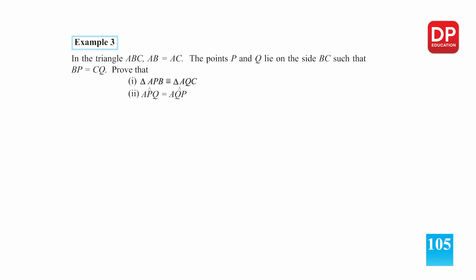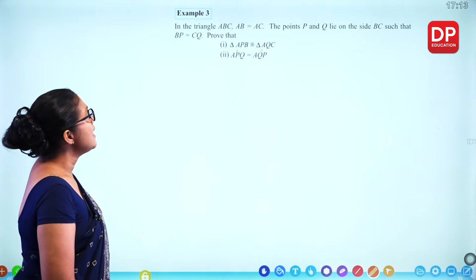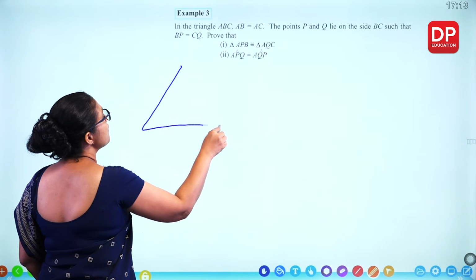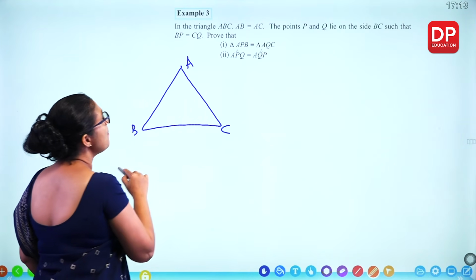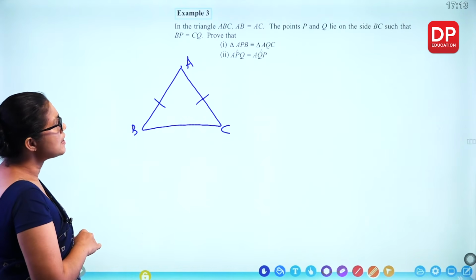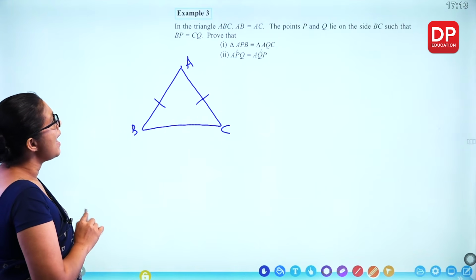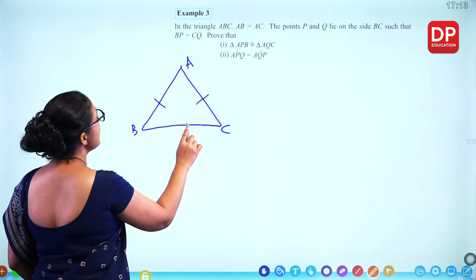Now we'll take the third example. Now here it says in the triangle ABC, we'll try to draw that first. In triangle ABC, AB equals AC. The points P and Q lie on the side BC such that BP and CQ.